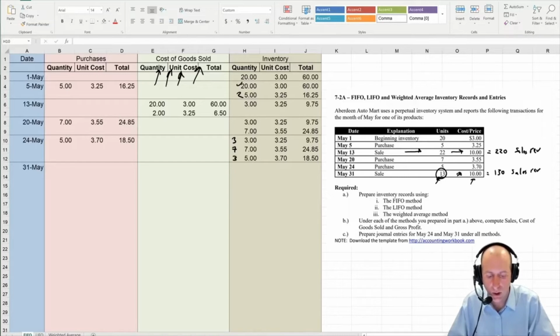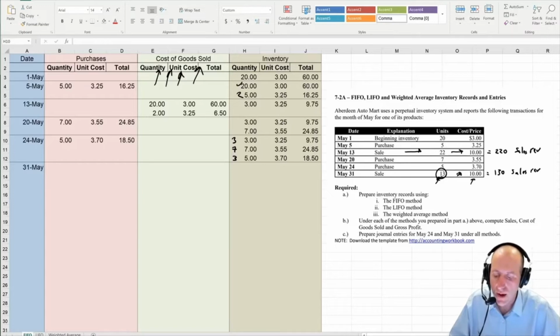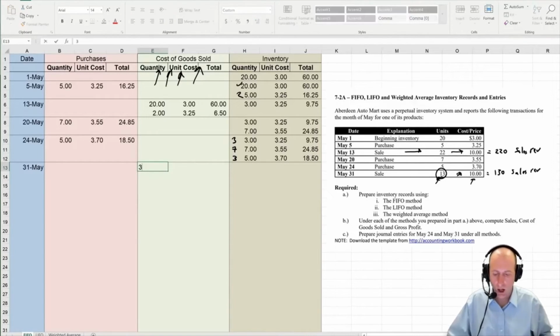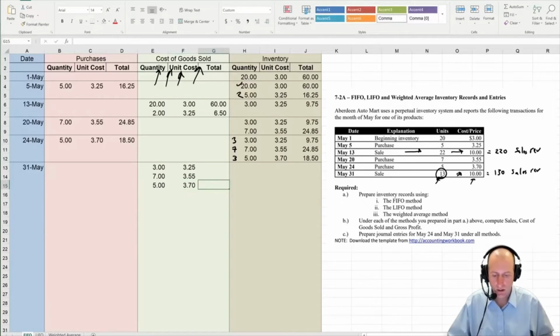I must have sold 3 more. I must have sold 13 in total, so 3 plus 7 plus 3 is 13. Those are the goods that I sold. So again, in this section, we're tracking the cost of the goods that we sold. So 3 at $3.25, we sold 7 at $3.55, and last we sold 5 at $3.70.